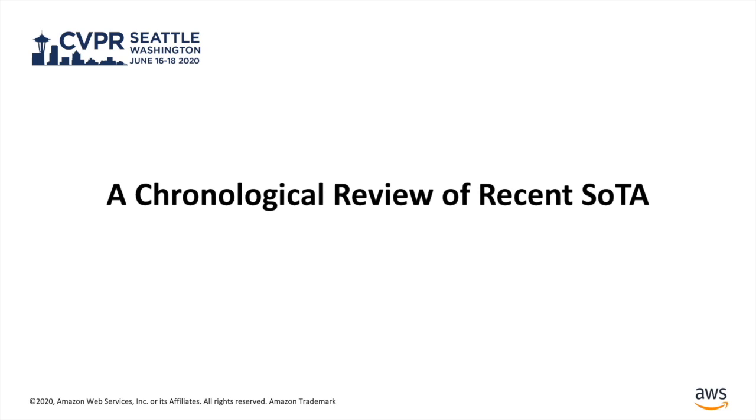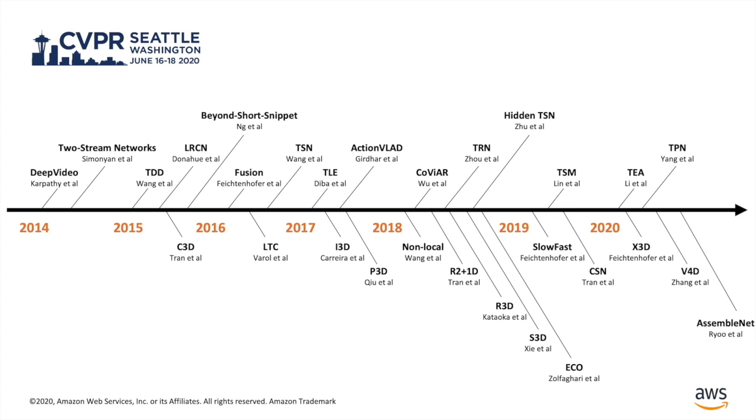Okay, so now let's do the chronological review first. Here is a timeline of recent milestones in video classification, particularly human action recognition, from the last 6 years. Despite most methods were developed for classification tasks, other video tasks like action detection, tracking, video inpainting also borrowed ideas directly from these methods.